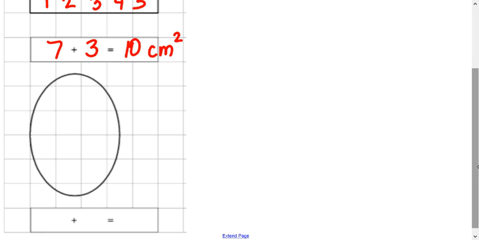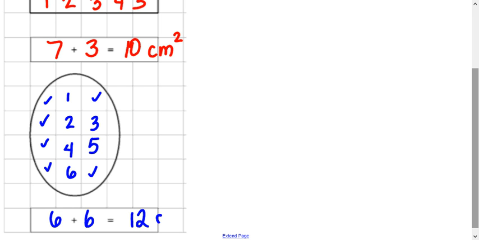For this one, I would say 1, 2, 3, 4, 5, 6 completely filled. So 6 plus 1, 2, 3, 4, 5, probably 6 more that are more than half filled. So my estimate would be about 12 square centimeters.